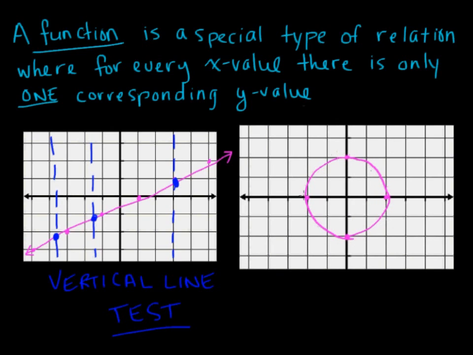If we take a look at this circle, on the other hand, we could draw in a vertical line on either the far left or the far right side, and that vertical line would only cross that circle once, but anywhere else that we draw a vertical line on that graph, the vertical line is going to cross the circle in 2 locations.